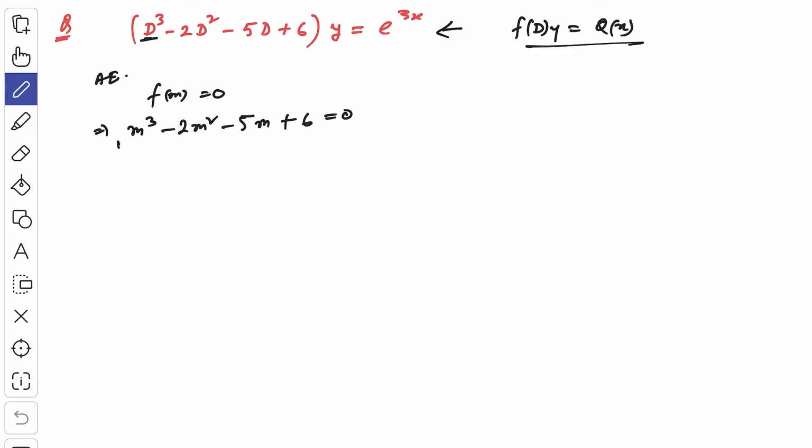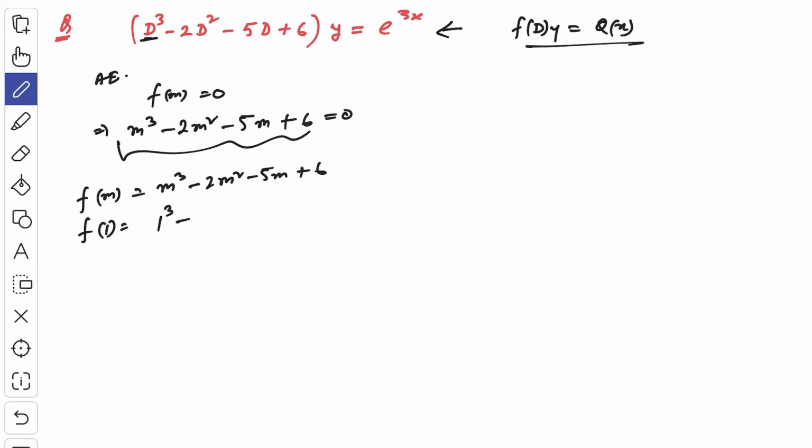Let me solve this equation. In order to solve it, let us first factorize the left hand side. You can guess a number for which f of m becomes 0. If you put m equal to 1, it will become 0.